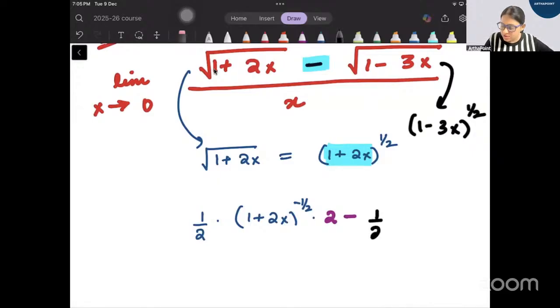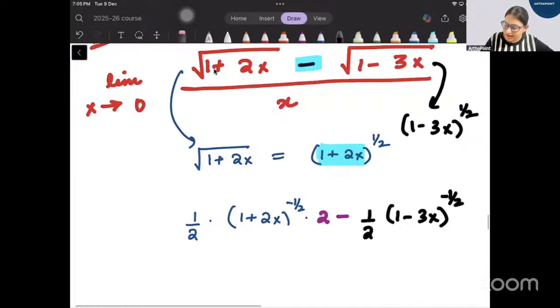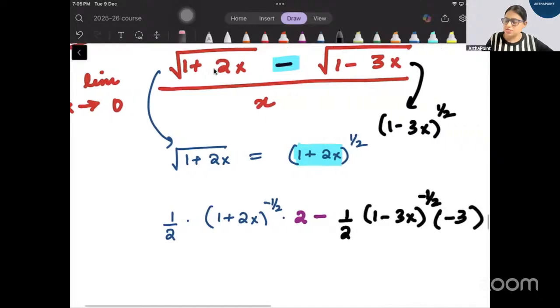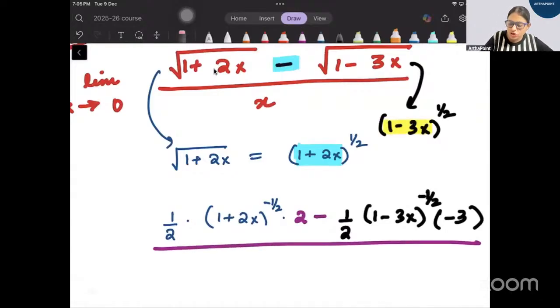So power comes down, power reduces by 1, into minus 3. You have to differentiate what is coming inside, upon differentiation of the denominator. Don't apply quotient rule. You have to differentiate numerator and denominator separately for L'Hopital rule.